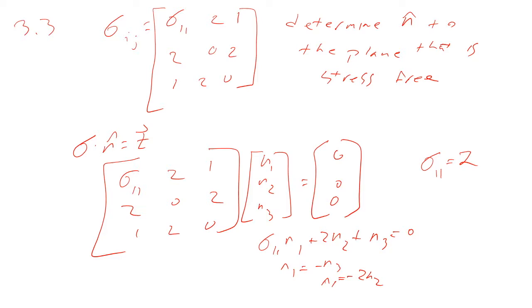Right? We can now plug this back in and solve for the n's. Remember, we always have the condition that n1 squared plus n2 squared plus n3 squared equals 1.